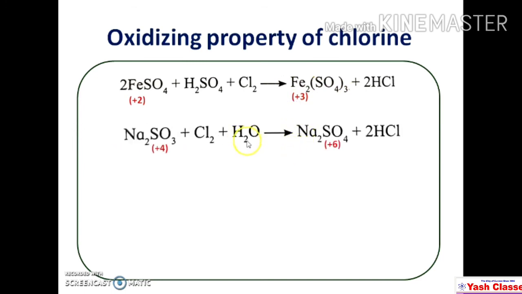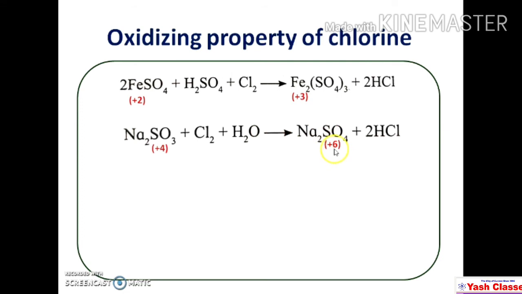Similarly, when chlorine comes in contact with sodium sulfite, it converts sodium sulfite into sodium sulfate. Now in this reaction, the oxidation state of sulfur in sodium sulfite is +4, and after the reaction there is a formation of sodium sulfate.